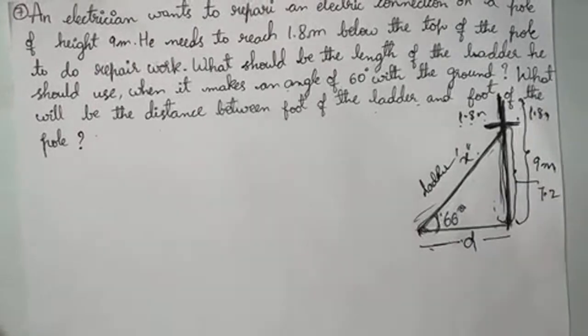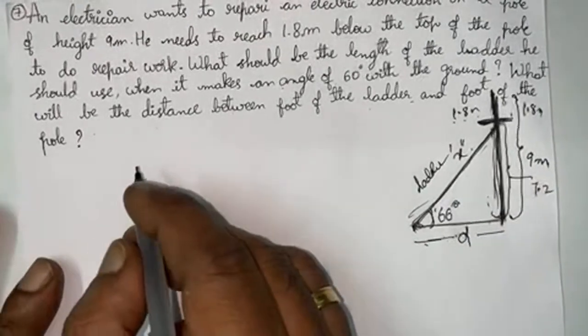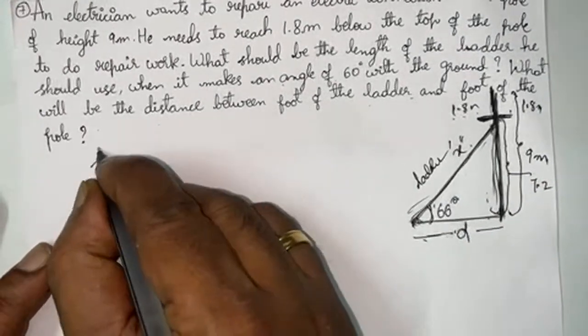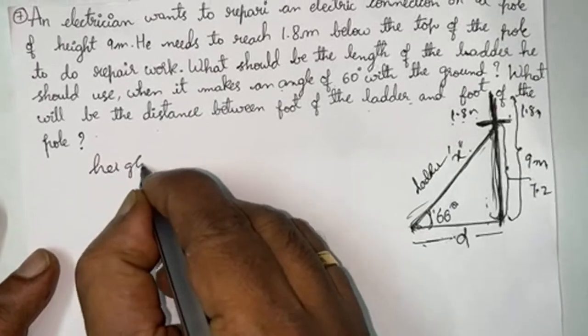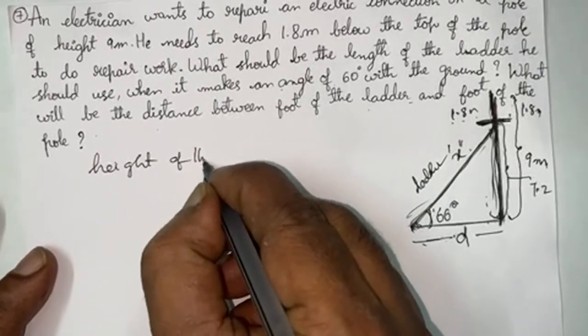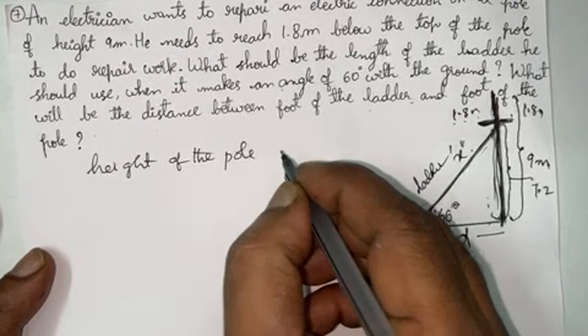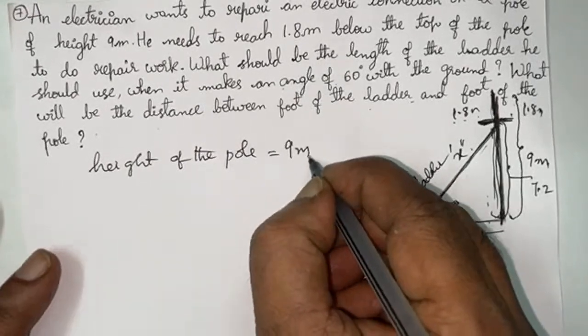Now, the steps. First of all, you have to take the height of the pole. Total height of the pole is actually 9 meters.